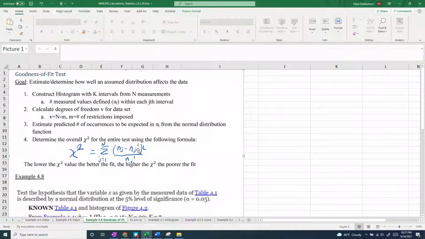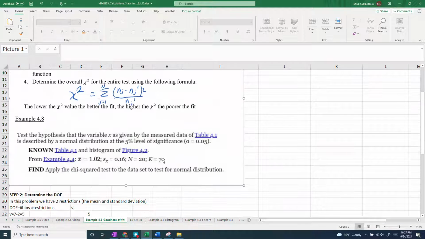The lower the chi-squared value, the better the data fits the expected fit, and the higher the chi-squared, the poorer the fit. We're going to test our hypothesis that the variable x, given by the measured data, is described by a normal distribution at a 5% level of significance.